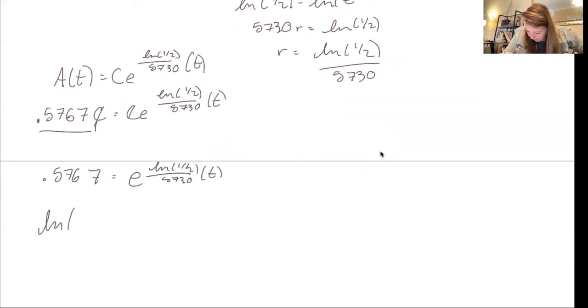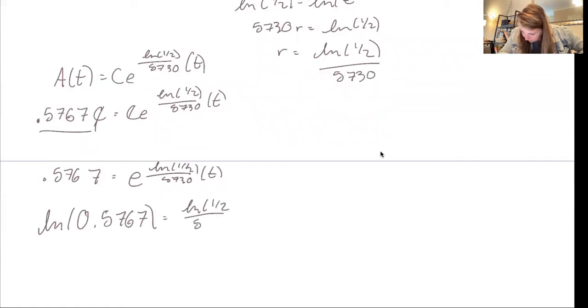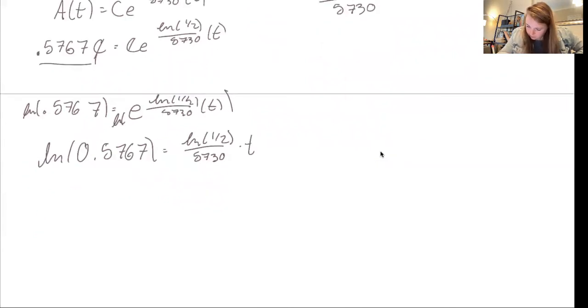So I have ln of 0.5767 equals ln of 1/2 times T over 5730, because the e would go away, and I'm solving for T. So I'm going to multiply each side by 5730 divided by ln of 1/2.